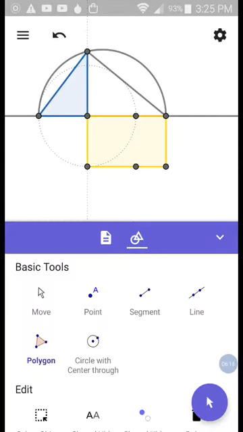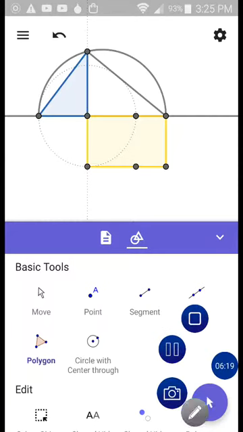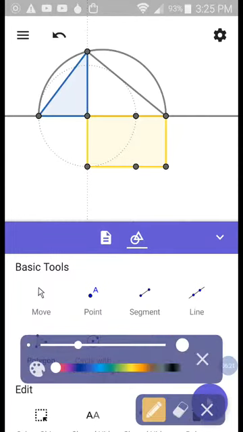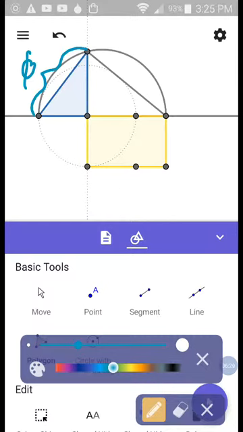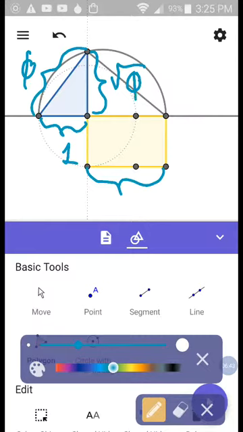It just so happens that this length is phi, equal to this length. This length, of course, is 1, and then this length is the square root of phi. Okay?